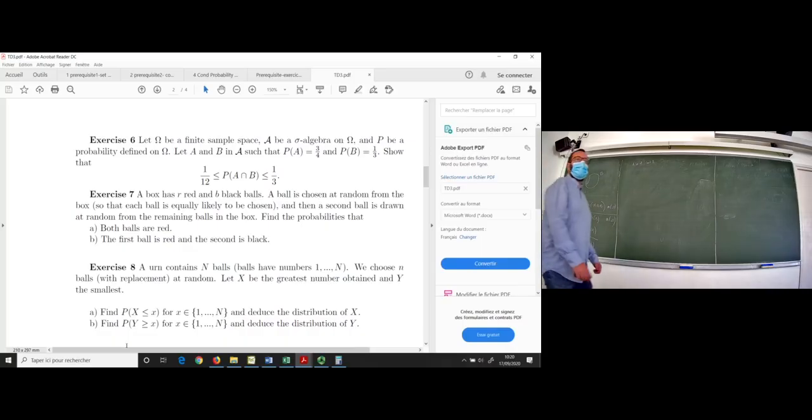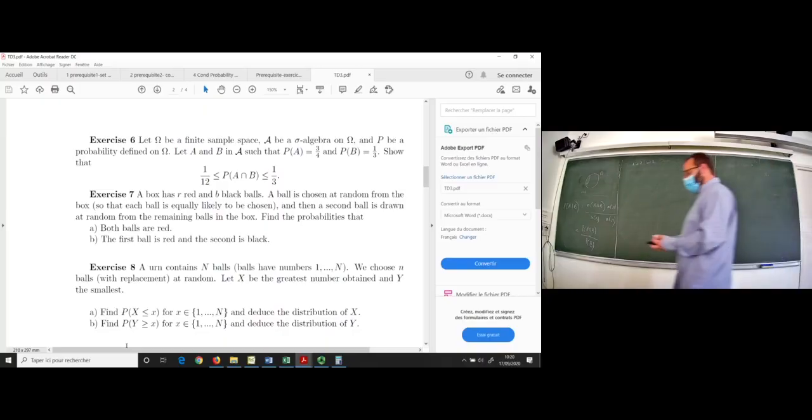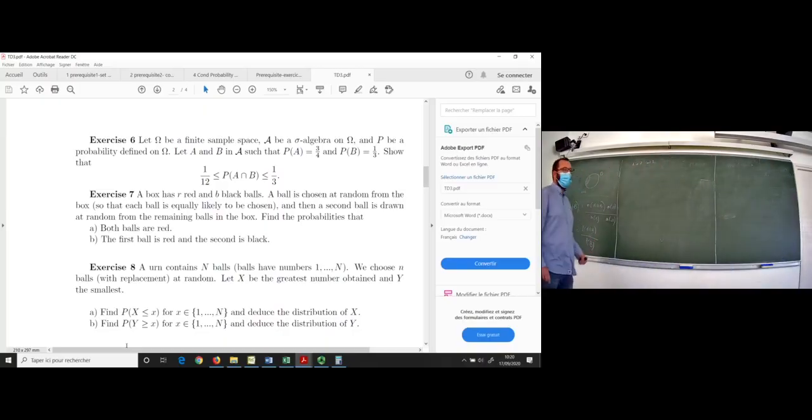In order to lighten the way we write the solution, we are going to introduce some notations. We are going to define some sets. I will use B for black and R for red.